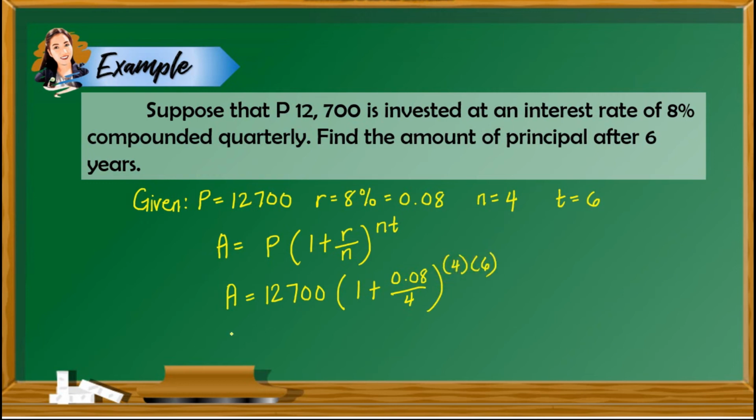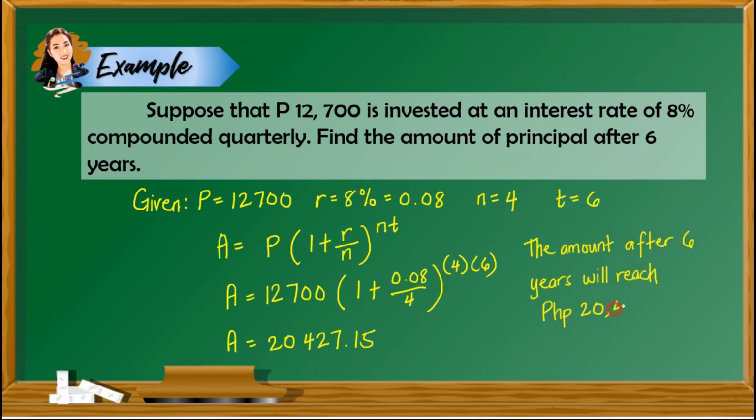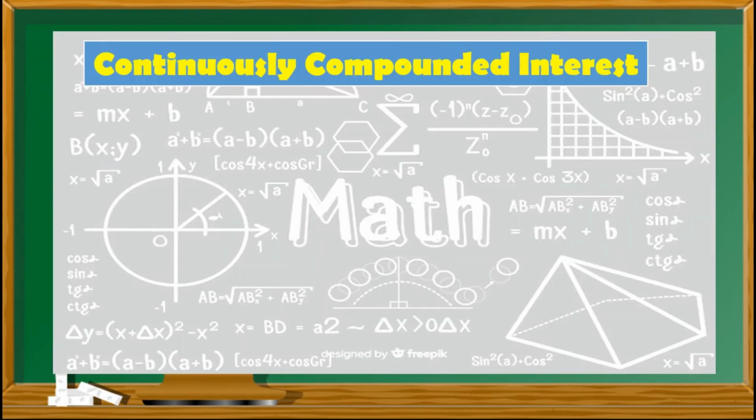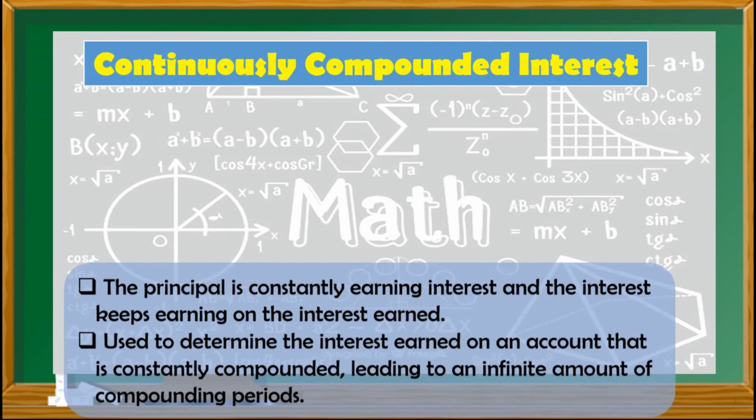Computing for this value, we have A is equal to 20,427.15. So what can we conclude? The amount after 6 years will reach 20,427.15.